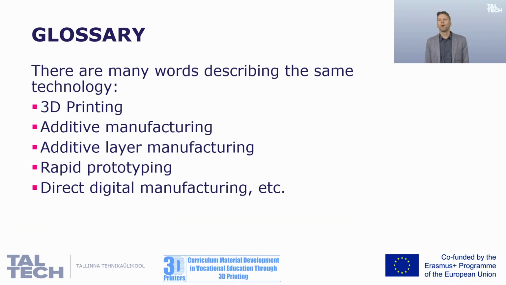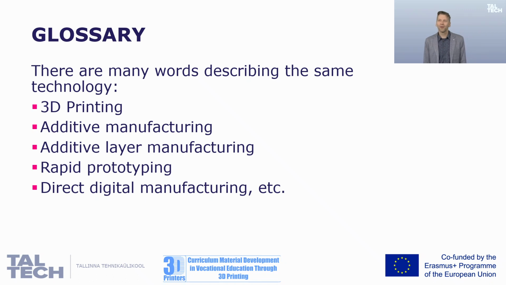So, about the words describing 3D printing technology. Usually nowadays when we are talking about 3D printing, we mean the same thing as additive manufacturing or additive layer manufacturing. Additive manufacturing is more used in scientific literature. Some years ago, another term, rapid prototyping, was more used.